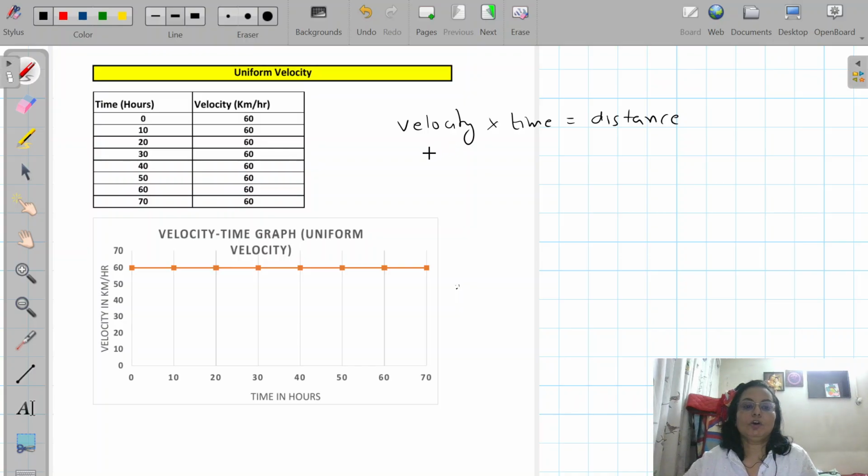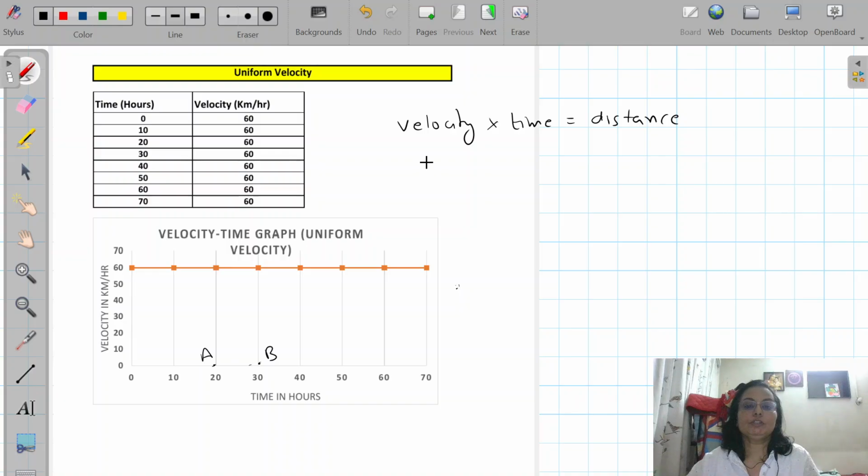If we have to find out the distance from A to B, when the object traveled from A to B, we have to find out how much distance it has traveled. And we are given velocity and we are given time. So we know that velocity into time is distance.